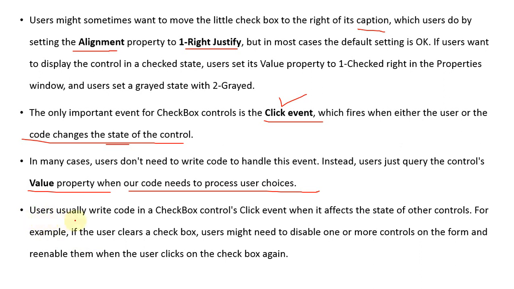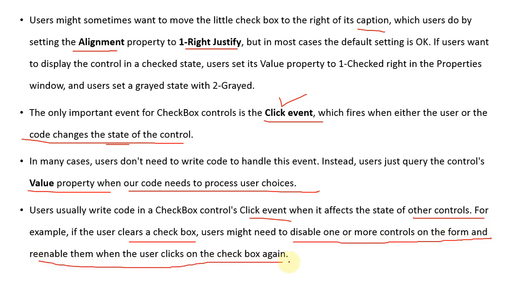Next one, users usually write code in the checkbox control's click event when it affects the state of other controls. For example, if the user clears a checkbox, users might need to disable one or more controls on the form, and re-enable them when the user clicks on it. Or else, you might have seen this show password.